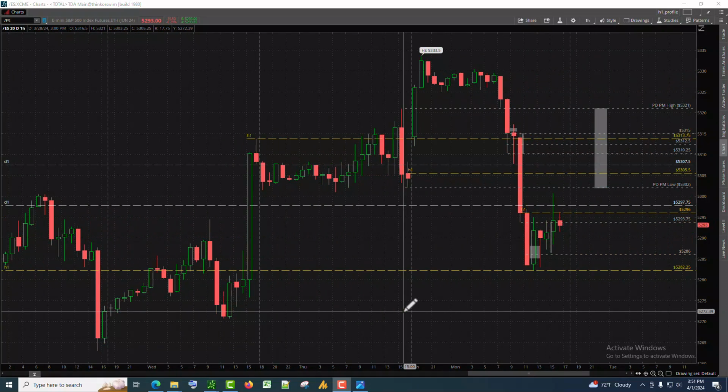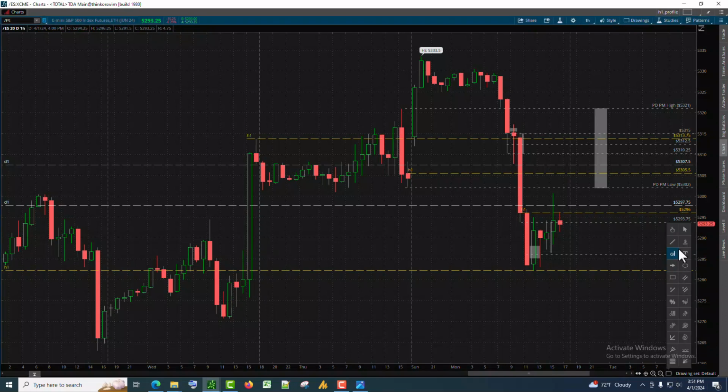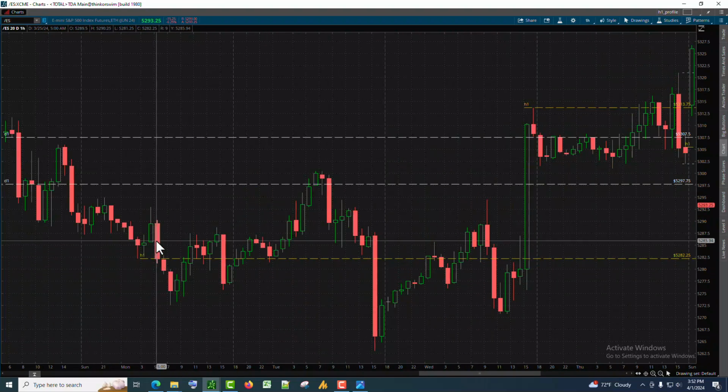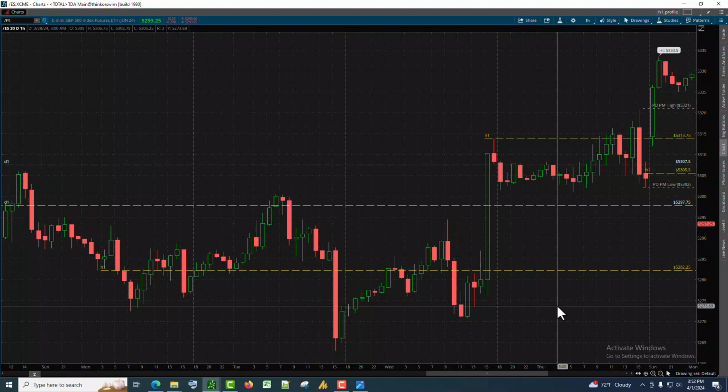But you know what, let's go with it. We still have a good run right there. This level is exactly here. You see the gap down and the gap up. That's the key level. Another gap down right there, another gap down, and this one is not a gap up. So this is a very key level.